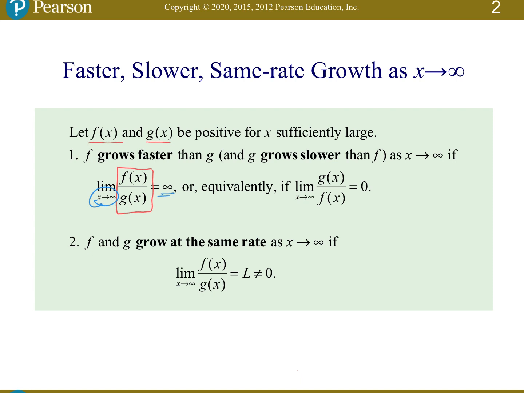If the result is also infinity, then f grows faster than g. In other words, the numerator is growing at a rate faster than the denominator if the limit result is infinity.